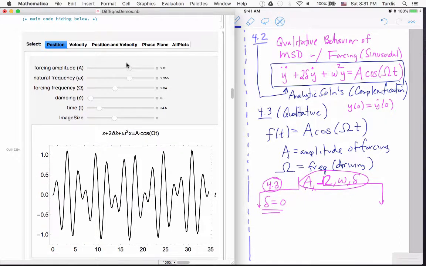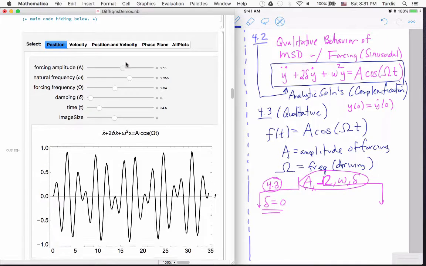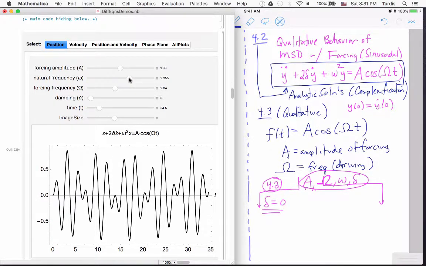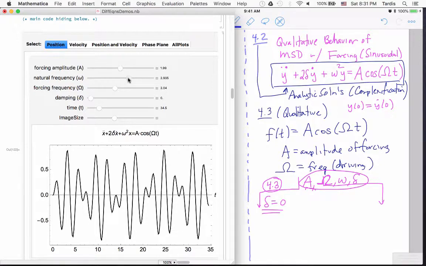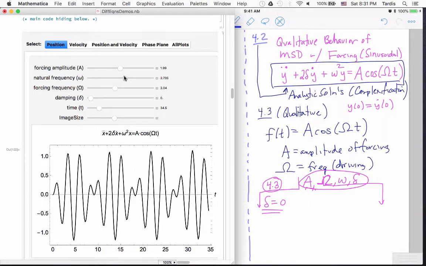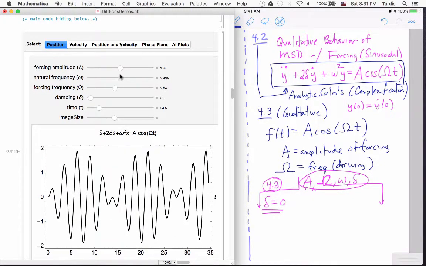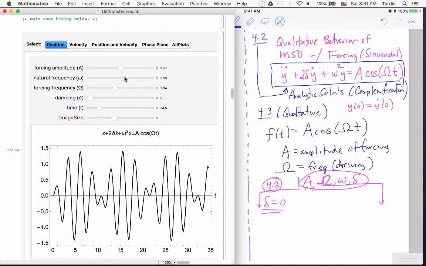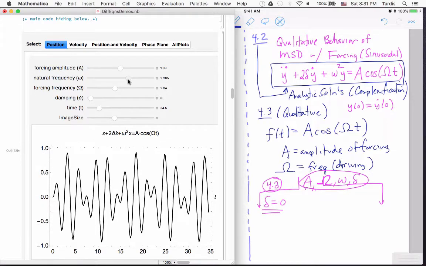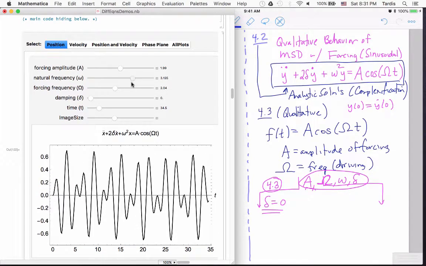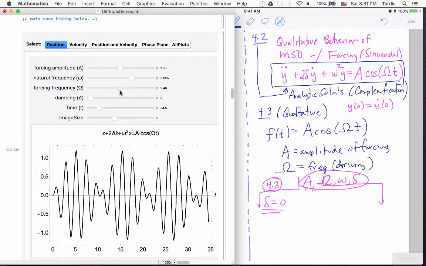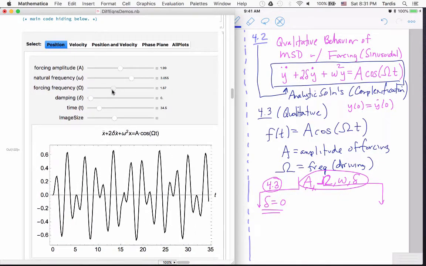So changing the A term isn't really changing what the solution looks like. It's still oscillating a lot. If I change the natural frequency of the spring, we start to get some change in behavior, but there's just a lot of oscillations happening. So really not a qualitative change in the behavior. If I change omega, still a lot of wiggles.